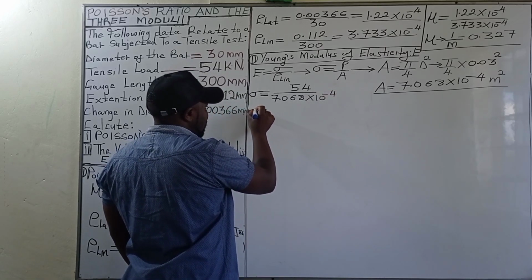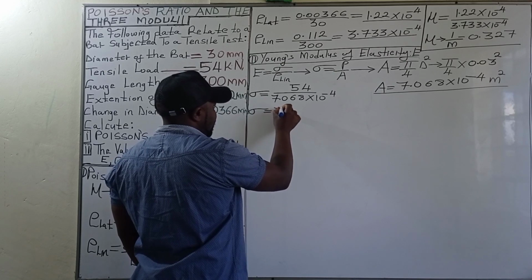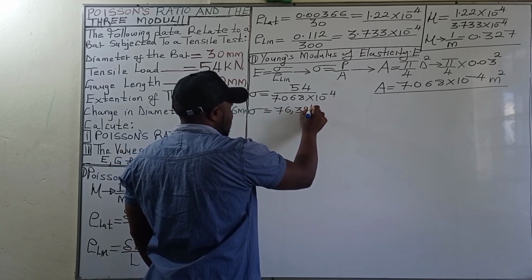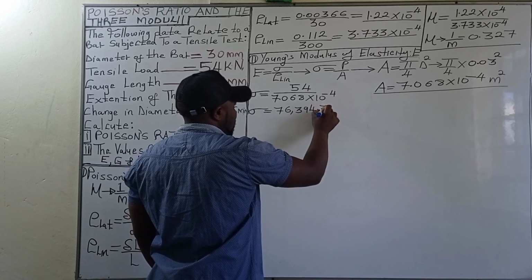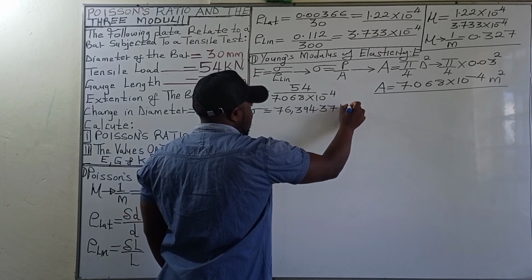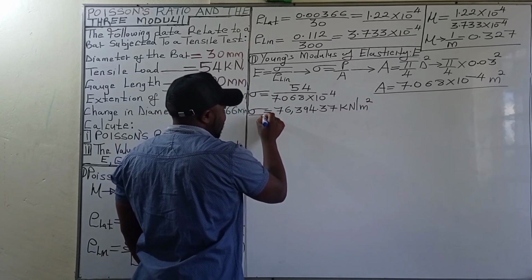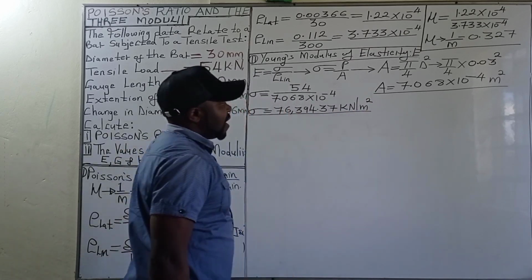And this is going to give us a stress of 76,394.37 kilonewtons per square meter. So that is the stress in this bar.